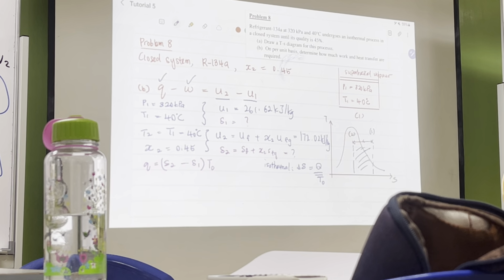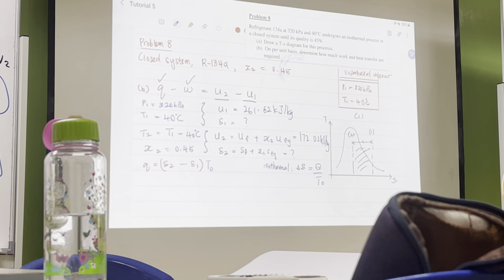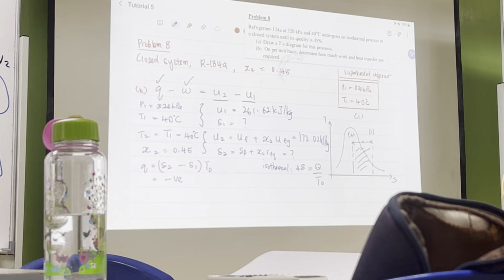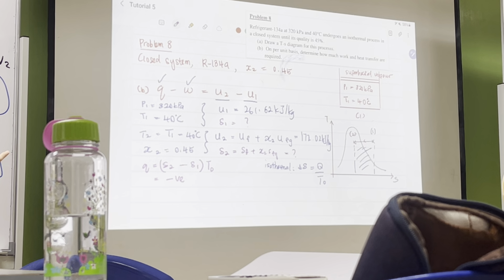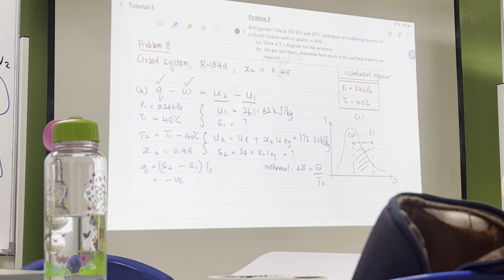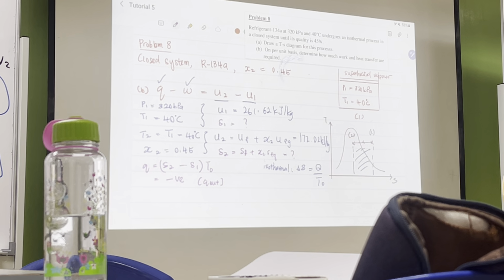Just T. Okay, so just from this diagram, you don't even actually need to check the table to know this. This will actually give you a negative value, because if you look at the graph, S2 is definitely a smaller value compared to S1, which means this Q will be a negative value. You will get a Q out in this case.